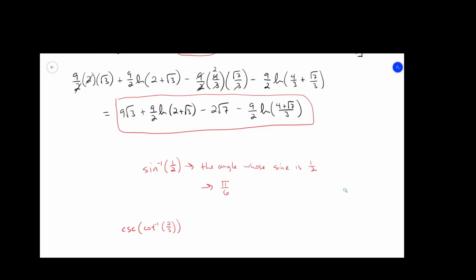Again, if you want to write your sentence here, you can say, what is the angle whose cosecant is the cotangent. I'm sorry, I'm doing this wrong.